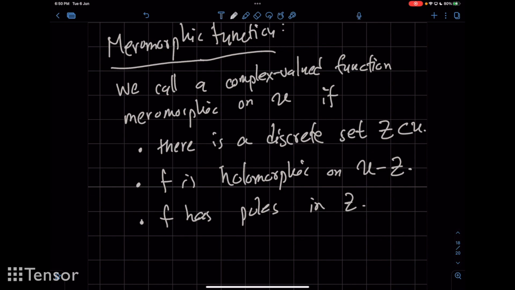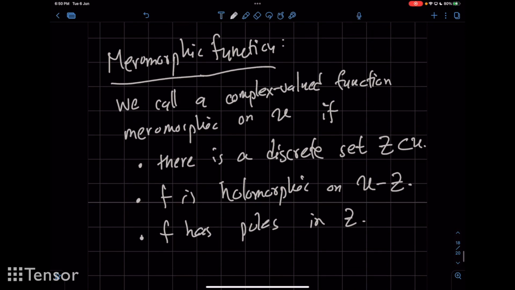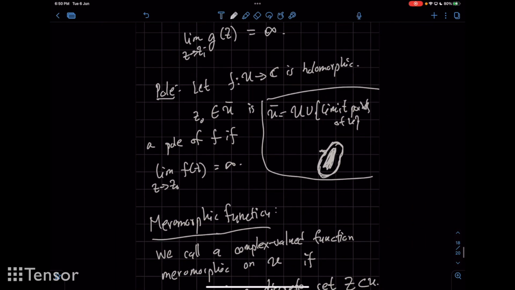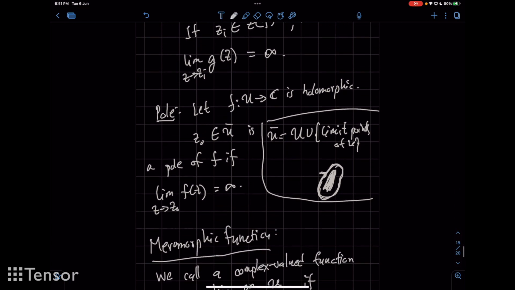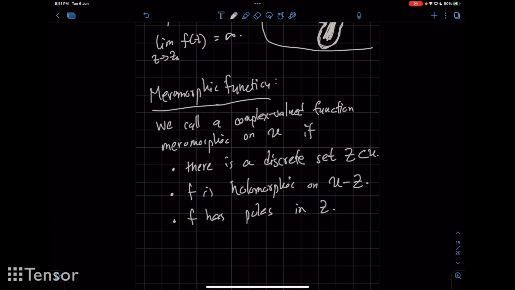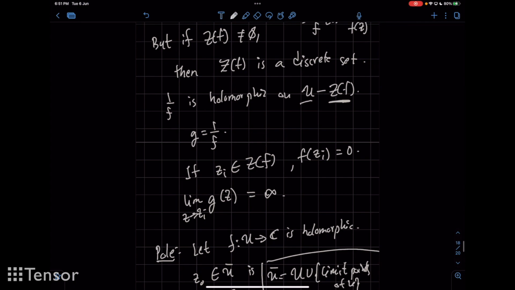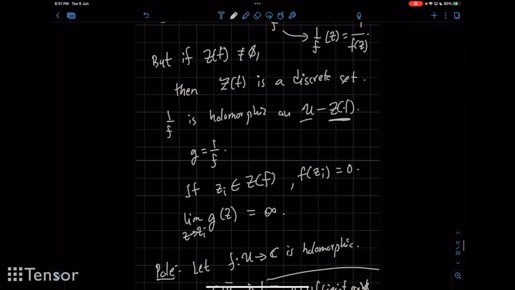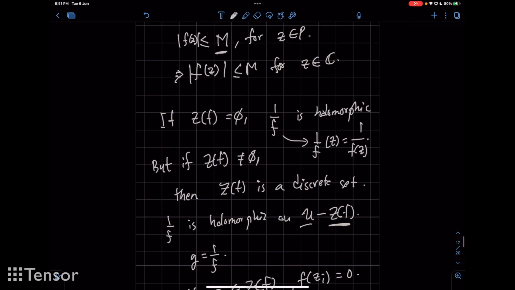So you can see that if f is a holomorphic function, then 1 over f is a meromorphic function, like we have seen here. That is, if f is a holomorphic function, then its zero set is a discrete set, discrete in the sense that it does not have any limit points. Then the function 1 over f is holomorphic on U except the set of zeros.